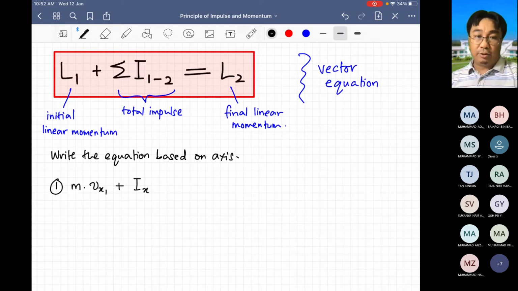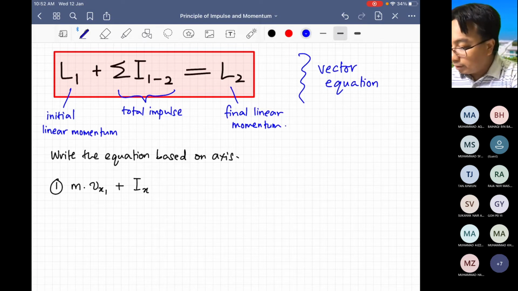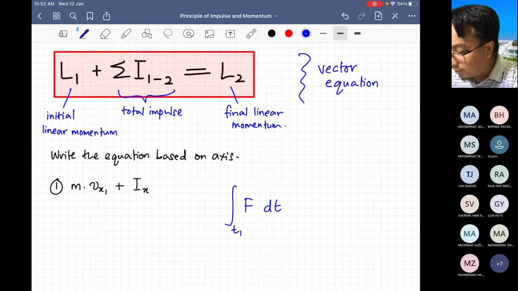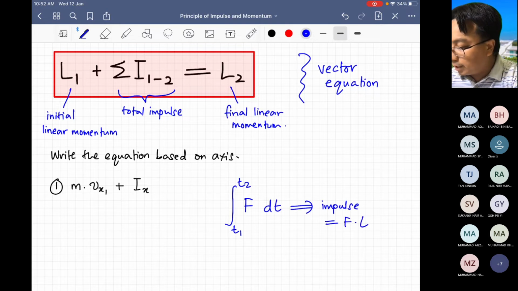Kalau you tengok my video yang sebelum ni, saya bubuh dalam bentuk integration. Dia sebenarnya sama sahaja. Integration of force dt. Okay, integration of force with respect to time. So ini akan jadi daripada time 1 sehingga time 2. So this is equal to impulse lah. This is equal to impulse.